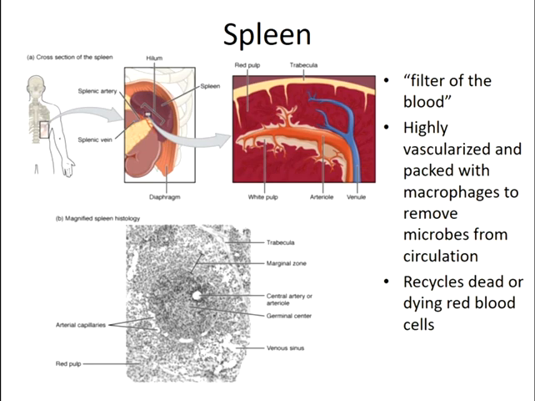The white pulp is more associated with the white blood cells, evaluating them. And if you recall, we talked about how the spleen removes senescent, or old, red blood cells from circulation. It does the same thing with white blood cells too. The red pulp and the white pulp work together to break down damaged cells, and to remove and filter any other things that might be found within the blood circulation.